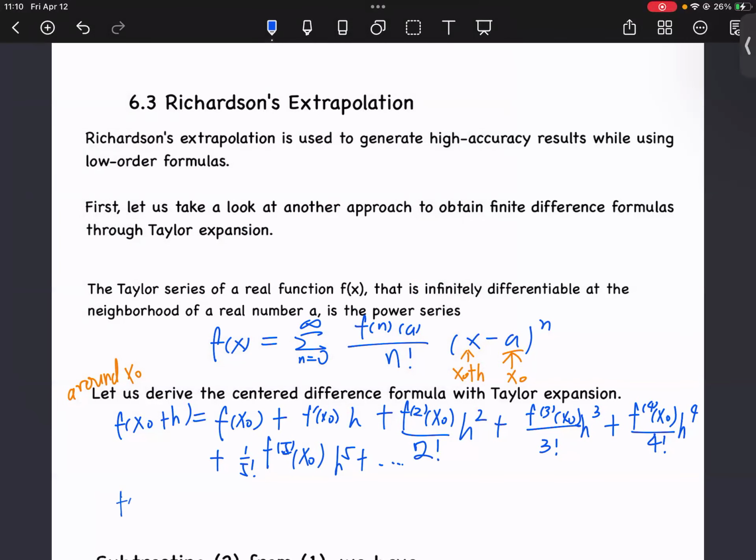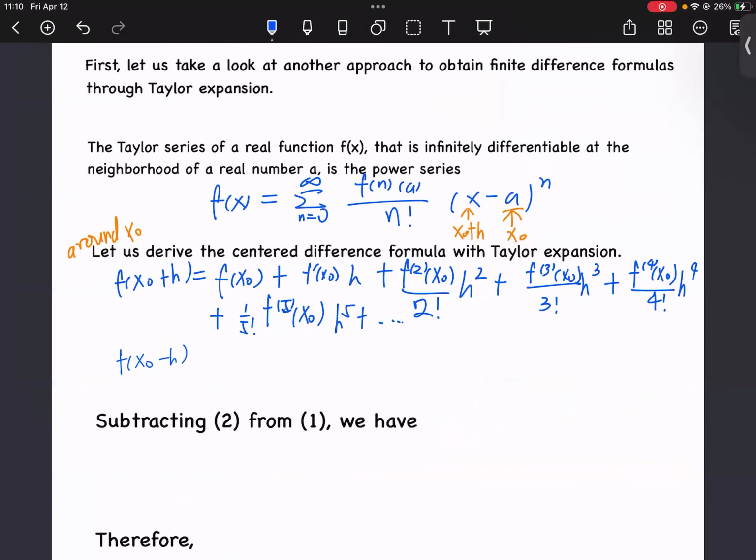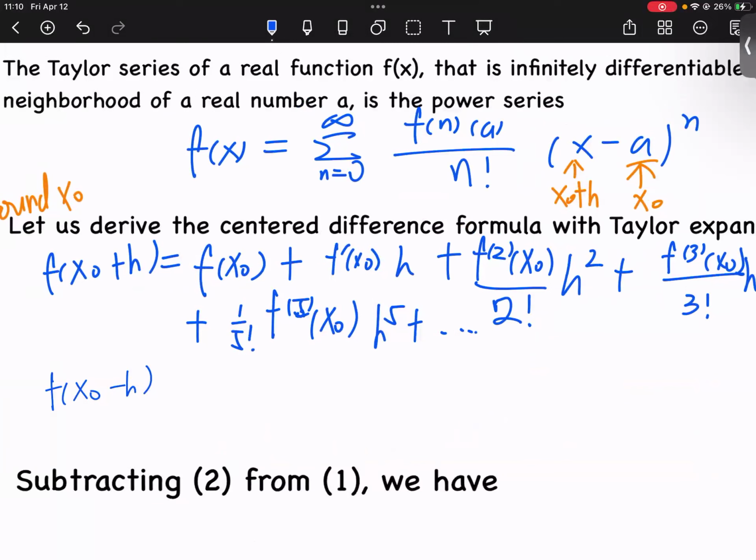So the next thing I'm also doing is the Taylor expansion, but this Taylor expansion is for f of x0 minus h, which means that I'm going to just change this x to x0 minus h.